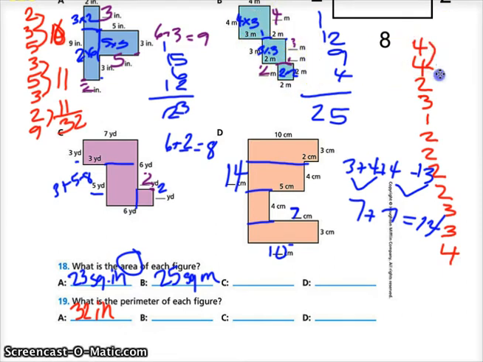This is 4 plus 4 plus 2 plus 3, that's 8 plus 5, that's 13. This is 5, 4, 7, and 7. So 3 plus 5 is 8. 8 plus 7 is 15. 15 plus 7 is 22.